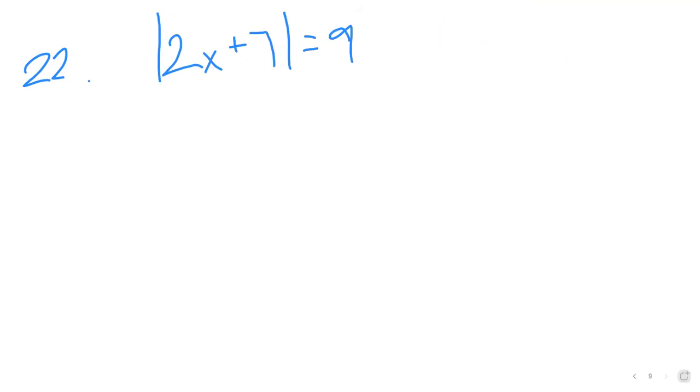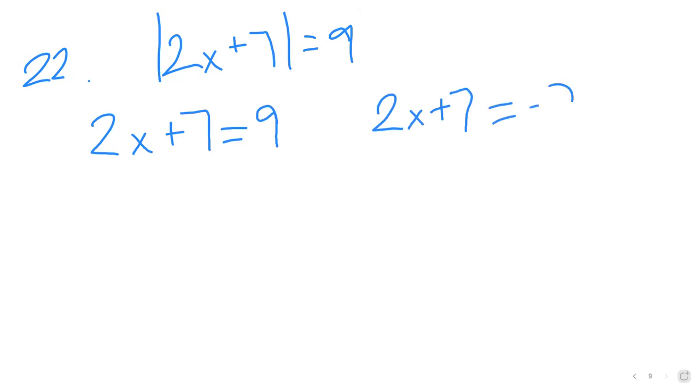Remember, for absolute value, we have to consider that this group could equal 9, or this group could equal -9, and that would be true in both cases. Absolute value of 9 would be 9, absolute value of -9 would also be 9. So we have to consider solving for both cases.